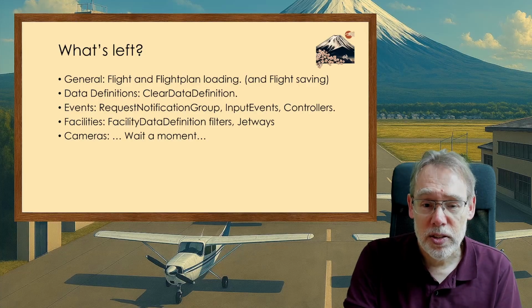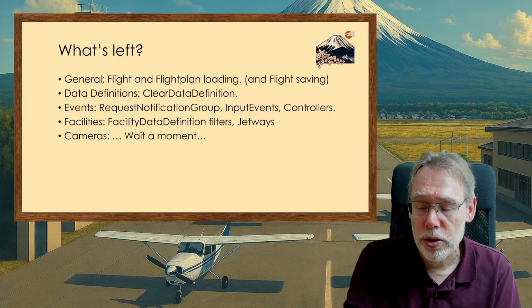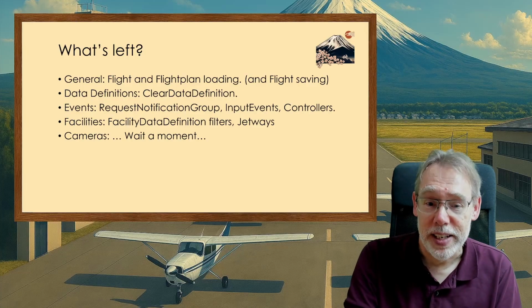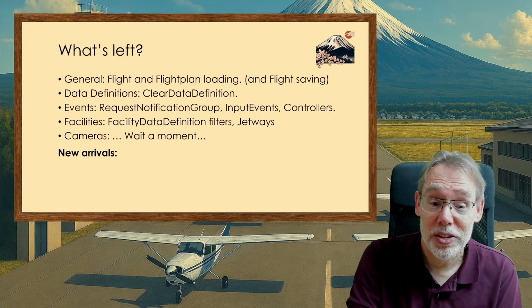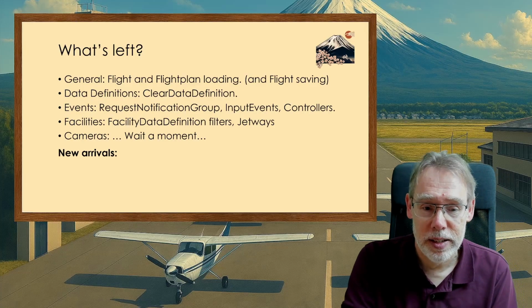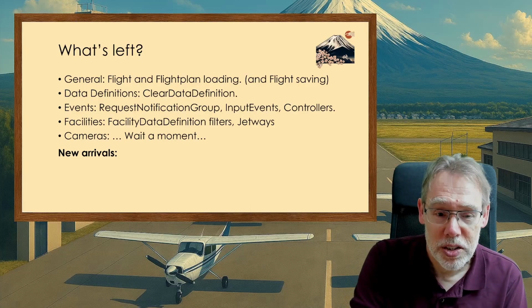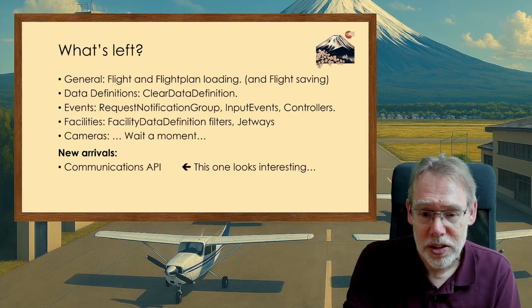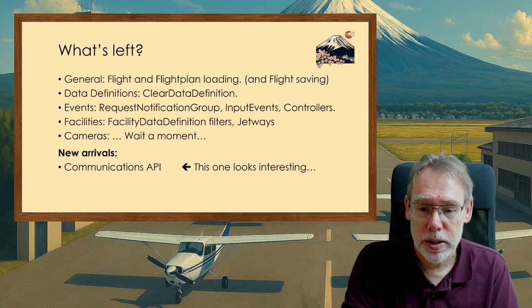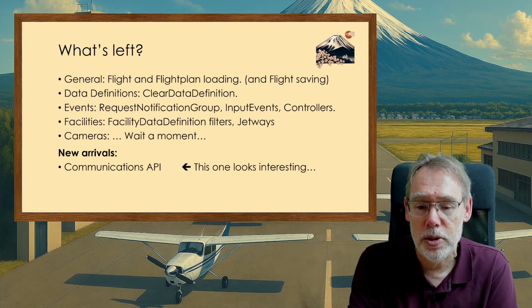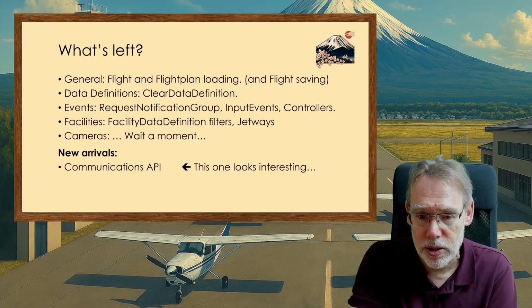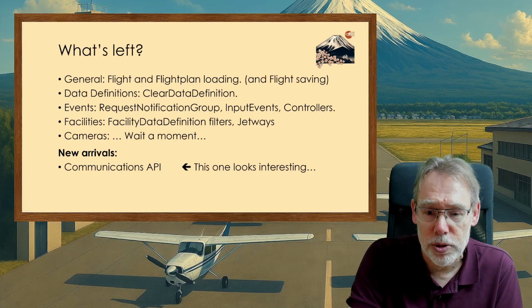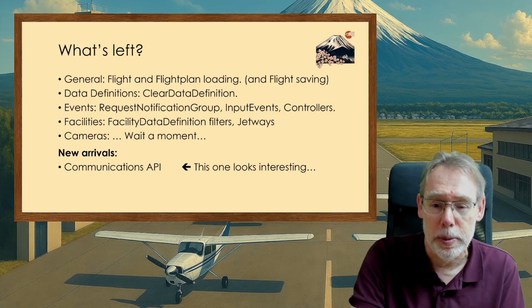Cameras, and this was a surprise because I was just checking the header file and we have some new arrivals. Very recently, in recent SDK updates, we have a communications API, and that one looks very interesting because it gives you some very good alternatives to client data, because this one is also exposed in WASM and JavaScript.